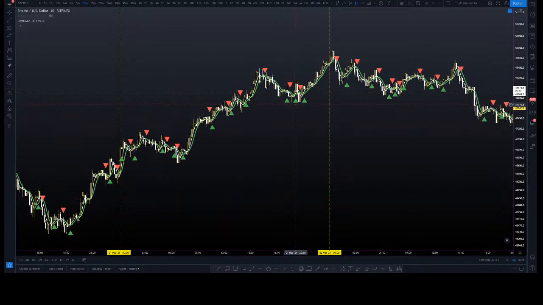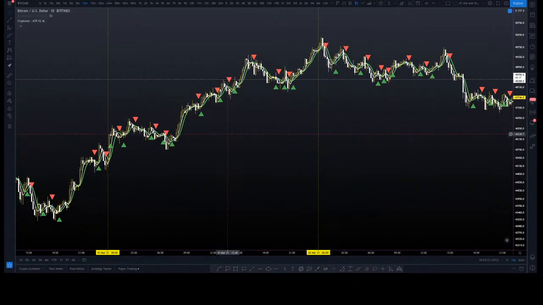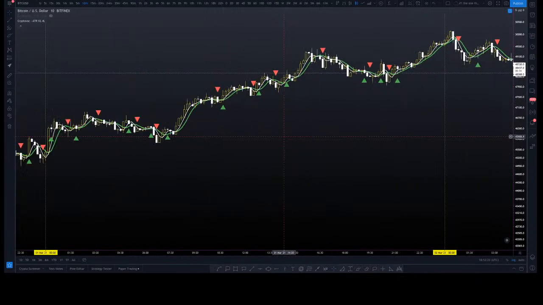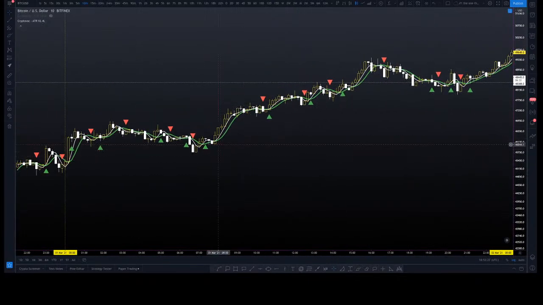If it's red on your fast ATR, look for shorts. Super simple. Go big time frame, then go to the smaller time frame to then trade. Identify your larger time frame to trade in a smaller time frame. And so these lines help you to see where the trend is going.